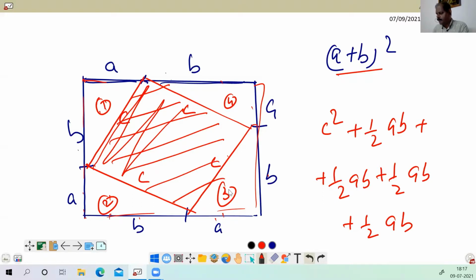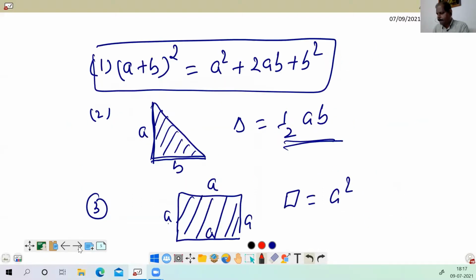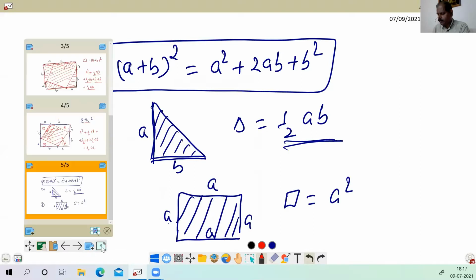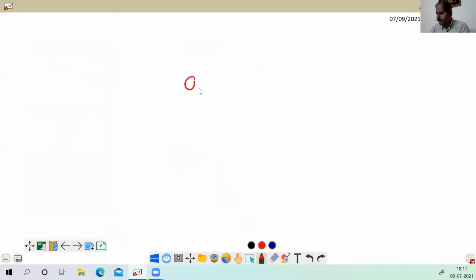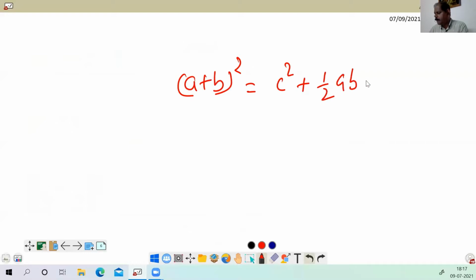So we have A plus B the whole square is equal to C square plus half AB plus half AB plus half AB plus half AB.